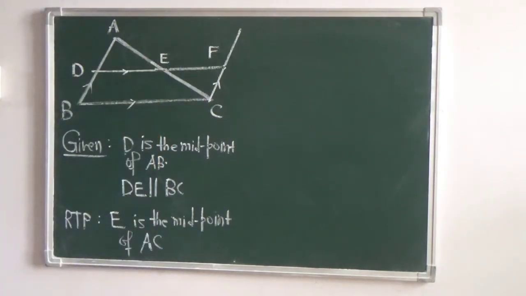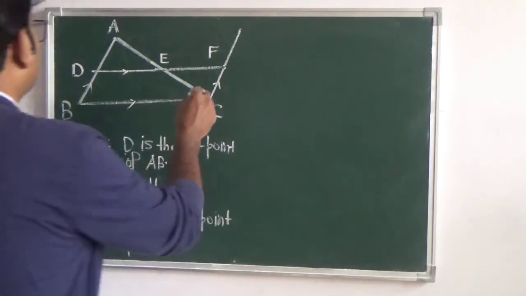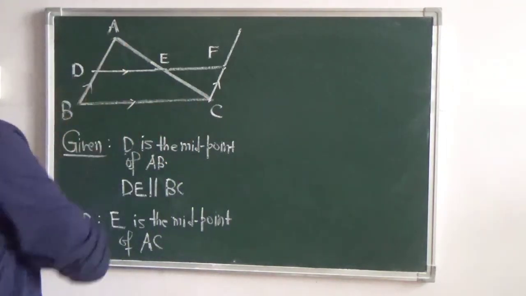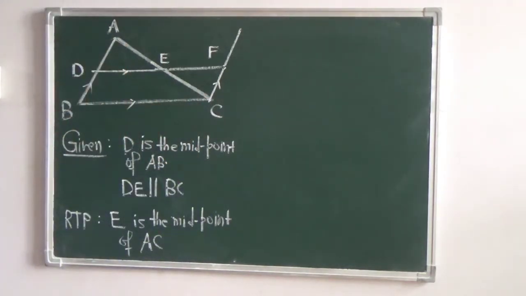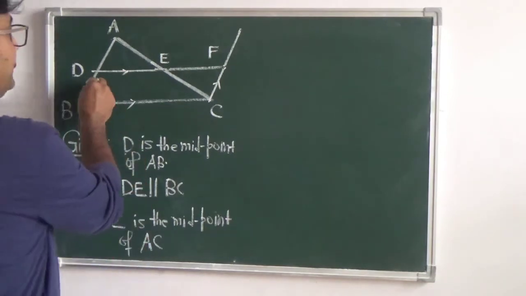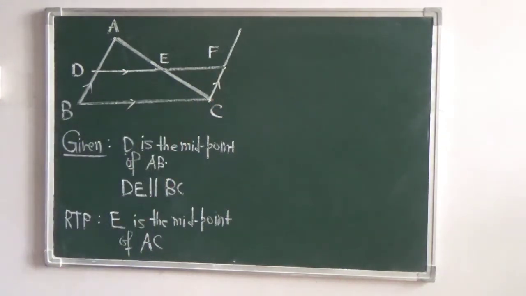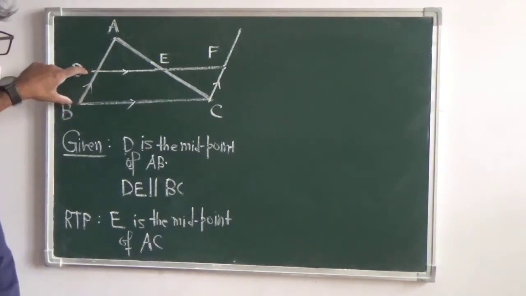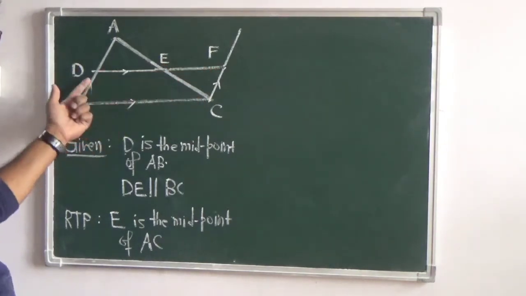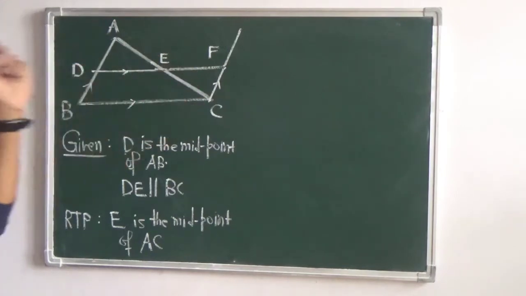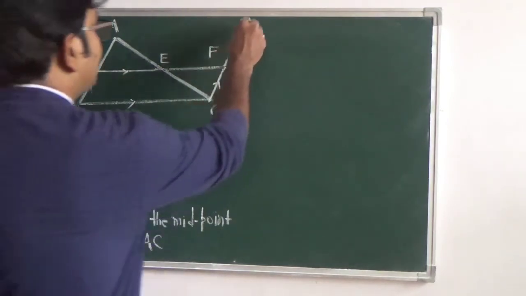But before that, what we see here is BD equals AD, given, and BD is also equal to CF. If these are parallel, obviously this becomes a parallelogram. Now we have to first prove that BCFD is a parallelogram. So let us write it down.